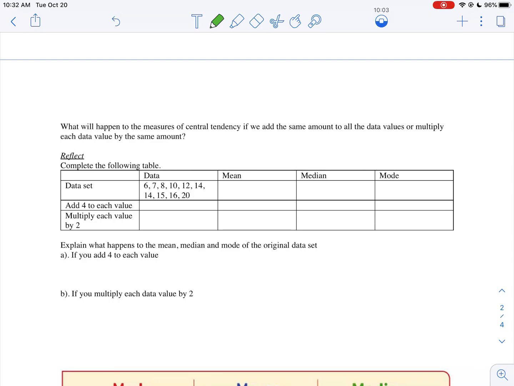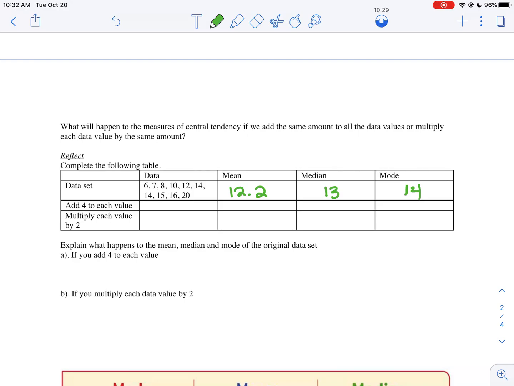Go ahead and find the mean, median, and mode. So I got 12.2, 13, and 14.